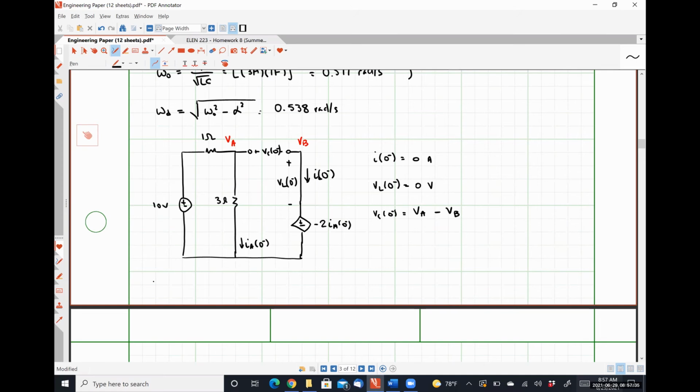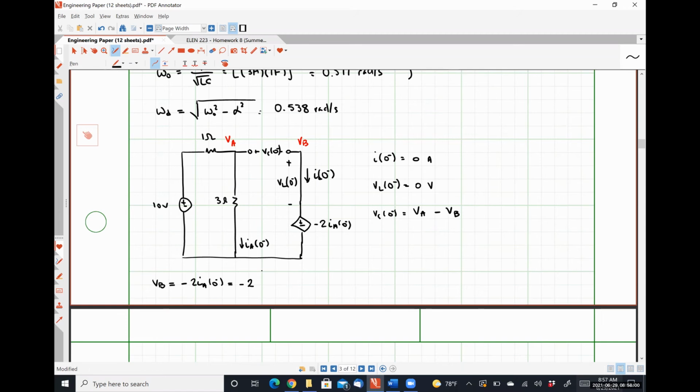So let's come over here. VB is equal to negative twice IA at 0 minus. That's going to be -2 times what? How do we find that current IA? We have the 10-volt source in series with the 1 ohm and 3 ohm resistor.